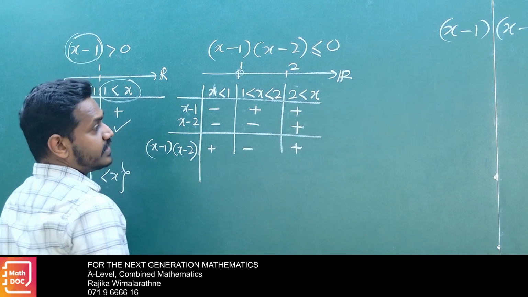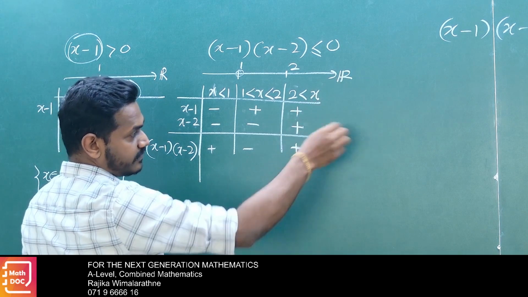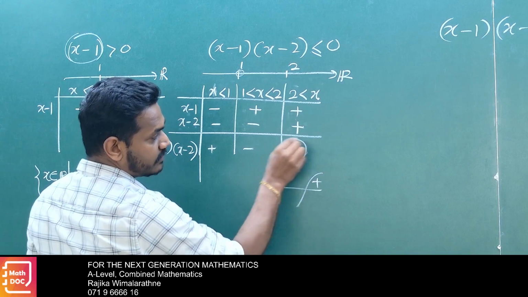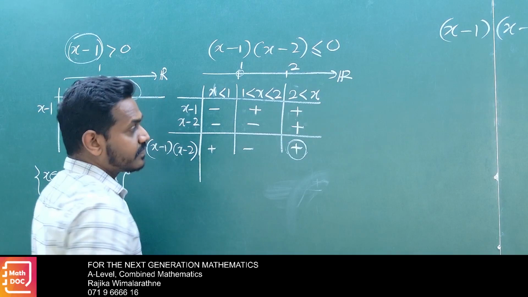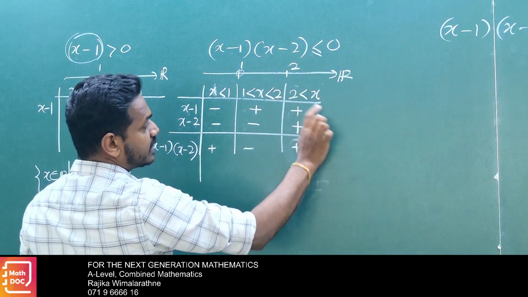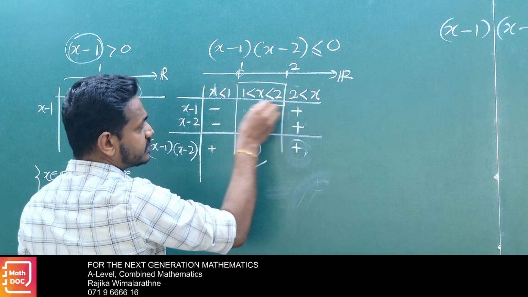I told you when you are doing the number line, we start at the right-hand upper corner, and the right-hand one will always be positive. That's why I told you to start there. Then plus, minus, plus. We need negative values, so you select this one, then the corresponding solution is this.